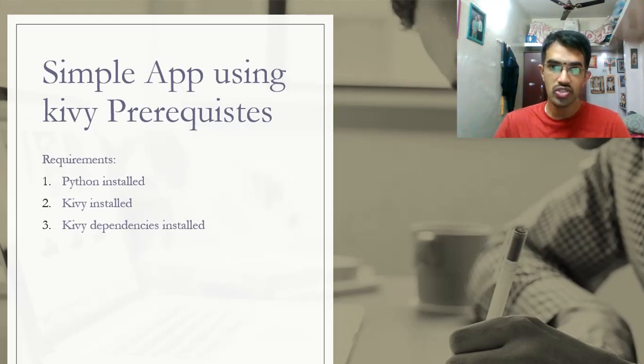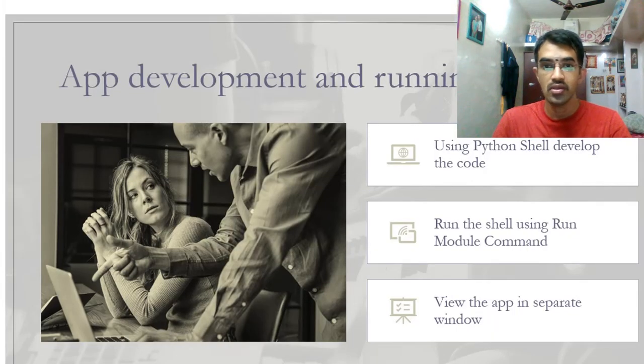As I said in the last video, the Python version should be 3.7 or higher. Then Kivy needs to be installed, as we have seen how to install Kivy along with the dependencies. So these are the major prerequisites required before developing a simple mobile app.